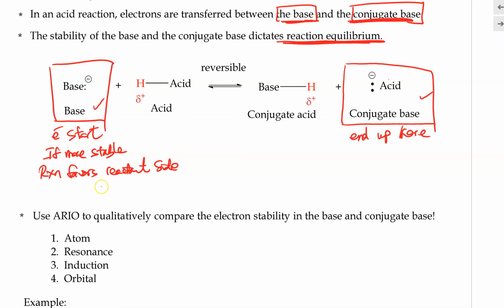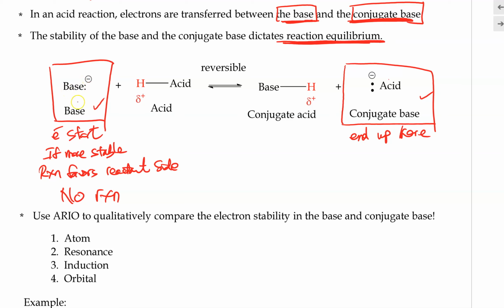And therefore, there will be no reaction. Because if the electron is stable on the reactant, the way it is, then there will be no need for it to undergo any chemical changes, because the electron will already be in its most stable state.